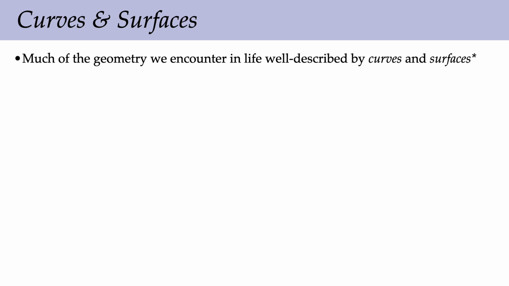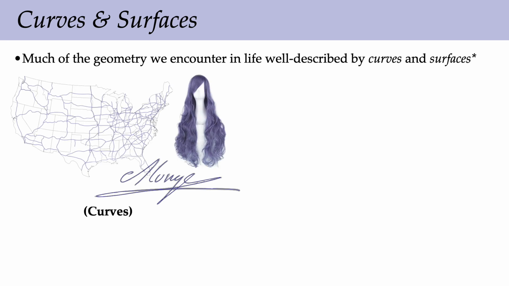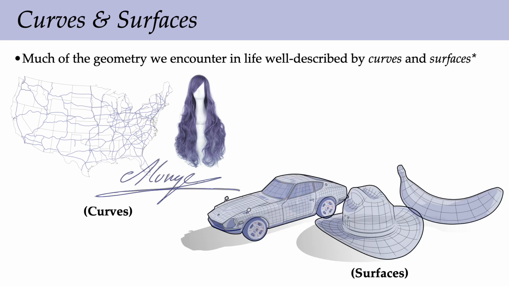Well, for one thing, a lot of the geometry we encounter in our lives is well described by curves and surfaces. So curves might describe things like road networks or strands of hair or your signature when you go to sign for your credit card. Surfaces show up, of course, in every object that we look at or touch or feel, right?